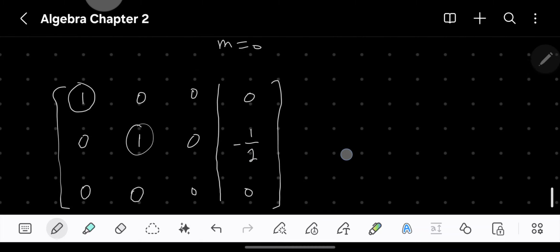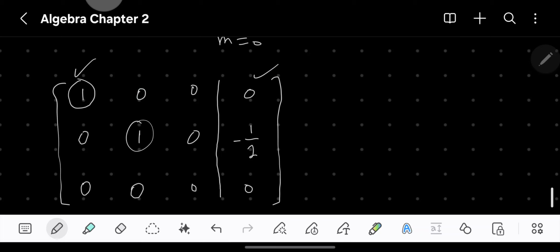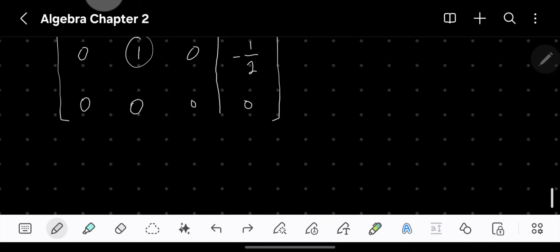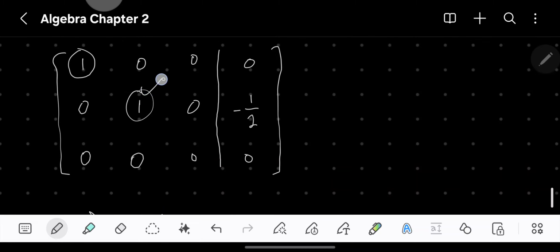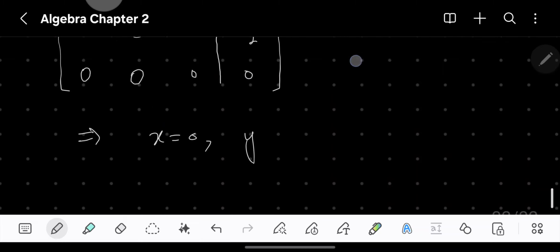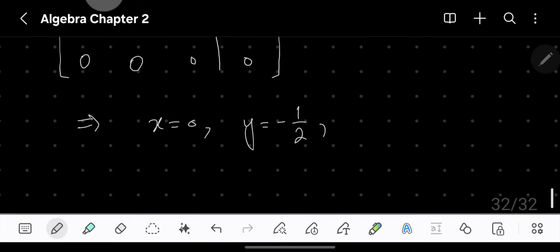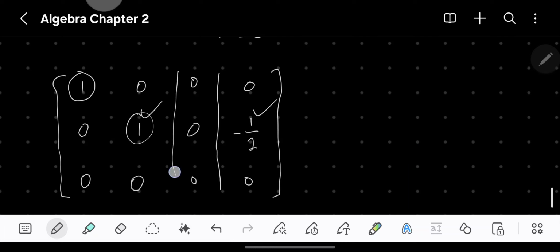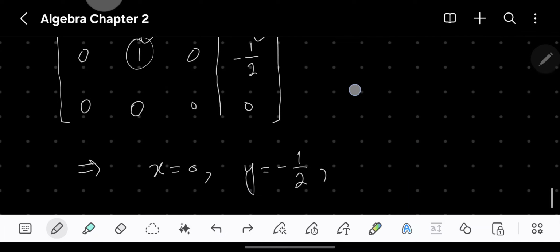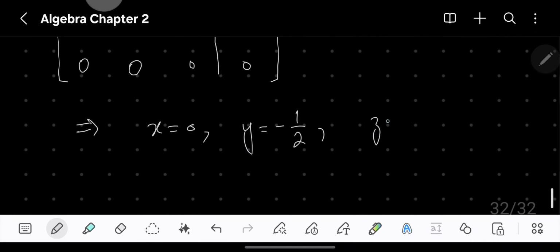I will get x is equal to 0. And y is equal to minus 1/2. And since there is no pivot entry in z, z is free.